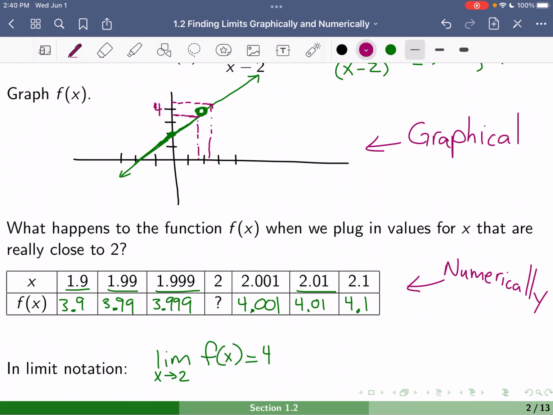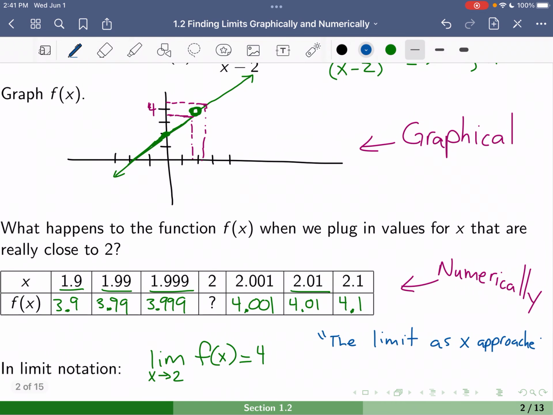In words, we would say the limit as x approaches 2 of f of x is equal to 4.